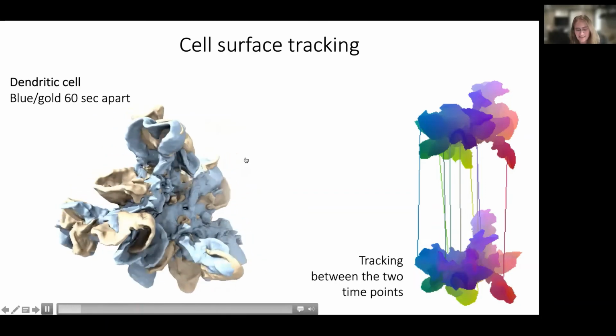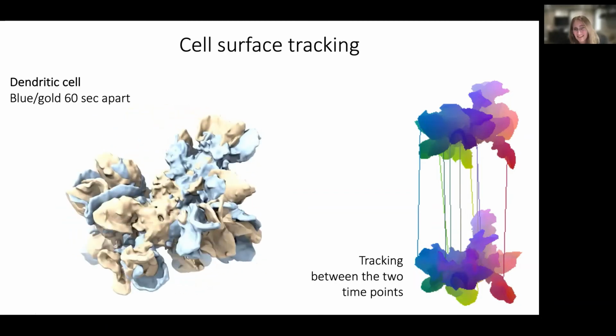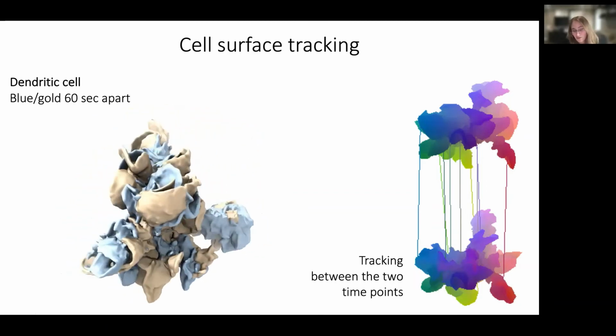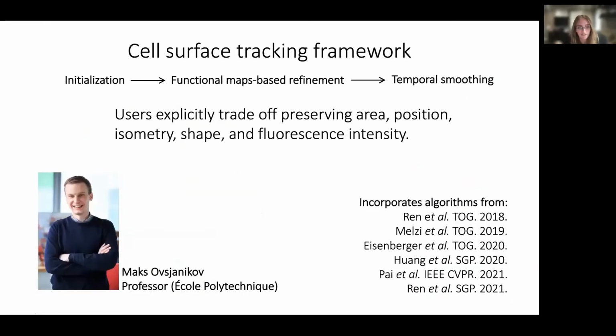But I wanted this system to be, I don't think anyone has yet tracked surfaces in 3D, and I wanted to do it really well. So I contacted the person who developed functional maps as a postdoc, and we've been working together with his group to make the system work as well as we possibly can. So I incorporated algorithms from many different recent computer graphics papers.